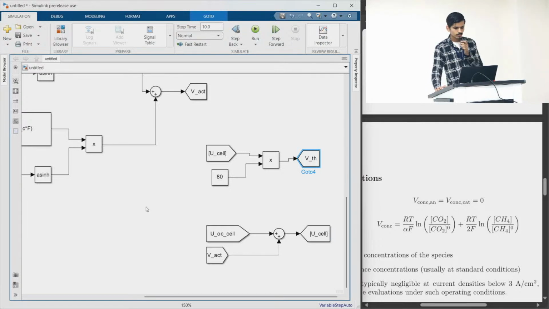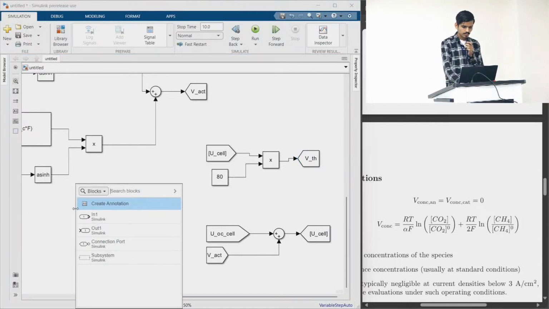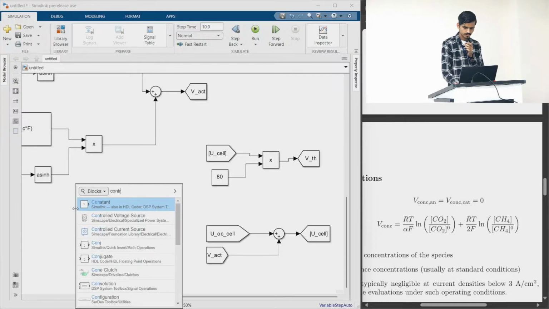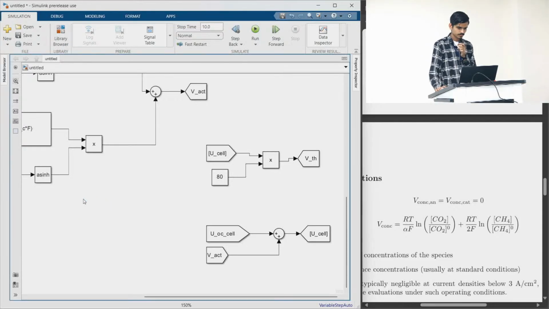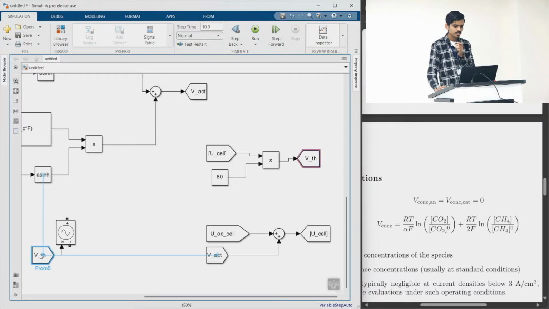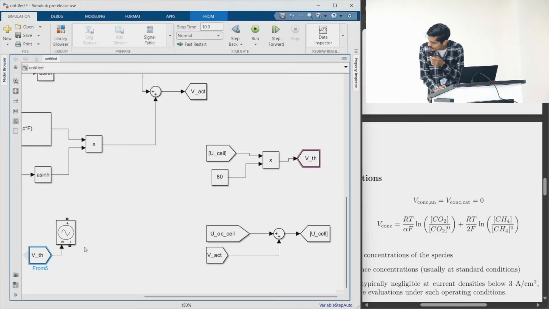Now we will go towards circuit construction. First of all, we have to search for Controlled Voltage Source. And now create a From block from this Goto and just give the control signal to the controlled voltage source. I hope it is visible.